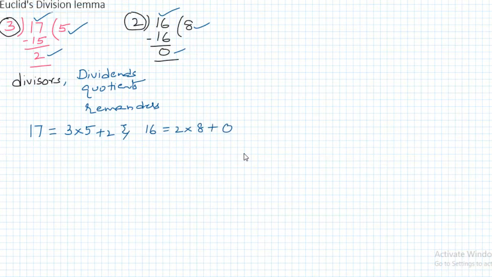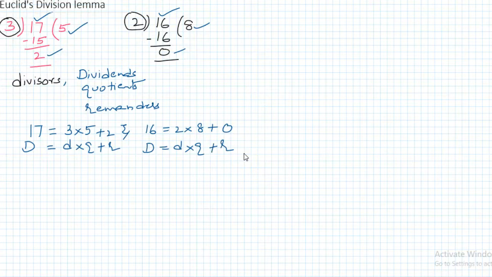This is nothing but dividend is equal to divisor into quotient plus r. Here also dividend is equal to divisor into quotient plus r.